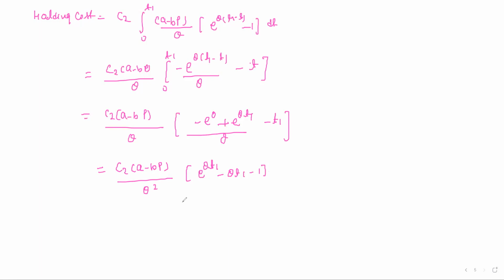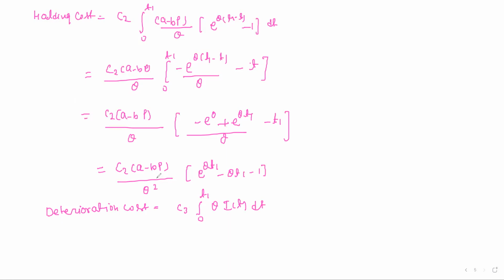Now we find the deterioration cost. So this will come C3 integral 0 to t1 of theta I(t) dt. There is a relationship between holding cost and deterioration. Just multiply with theta in the holding cost, then you get the deterioration cost.